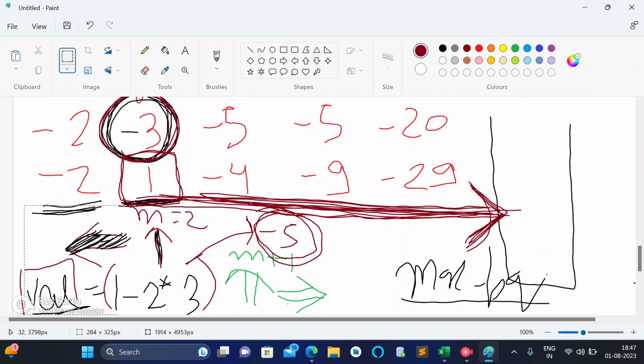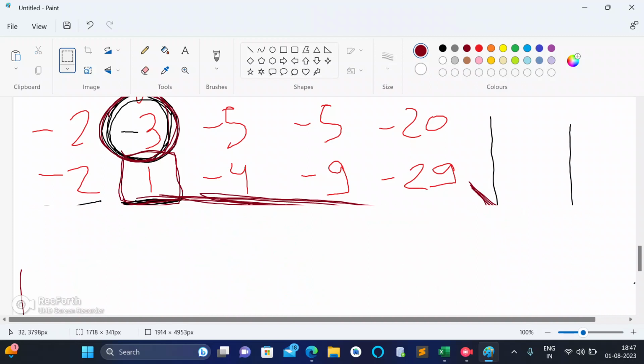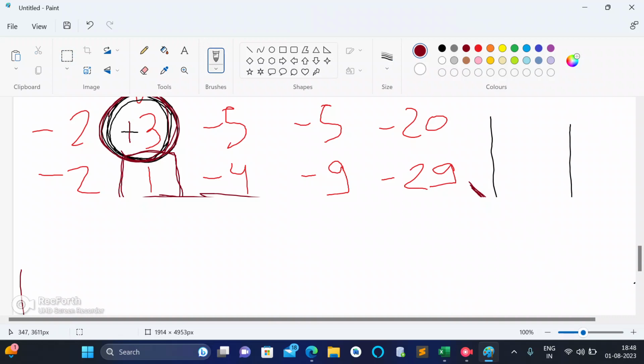Let's clear some stuff so we will understand the work of the right section. This is actually +3.